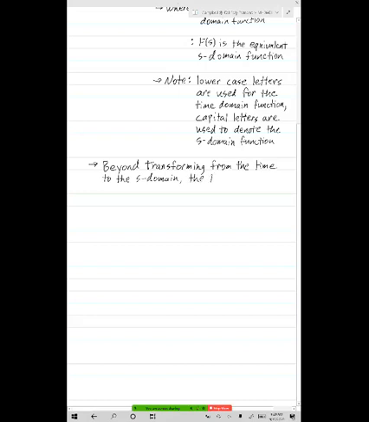The Laplace transformation, again, has a very practical purpose, as we have pretty much started to see from our other discussions, because it allows us to express.